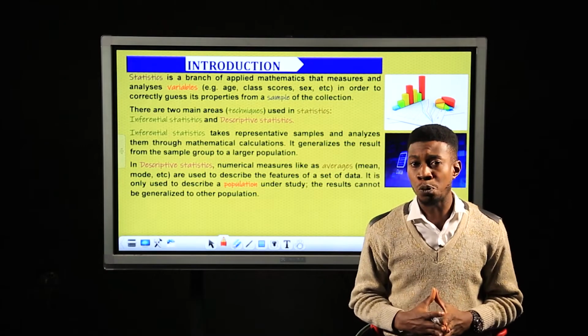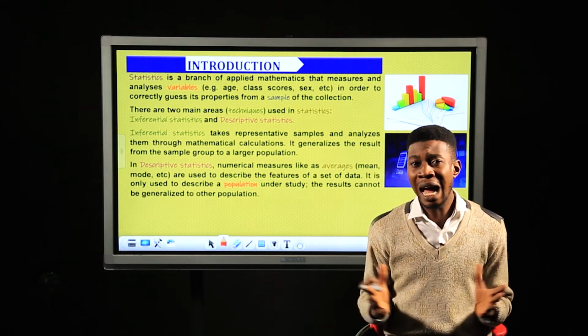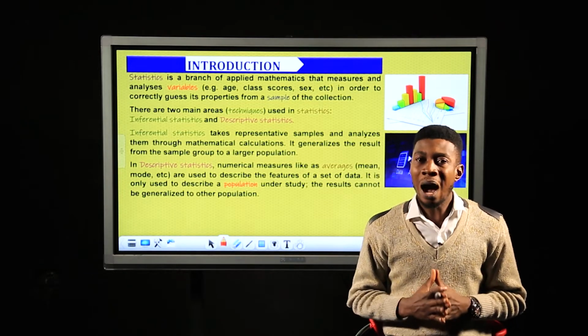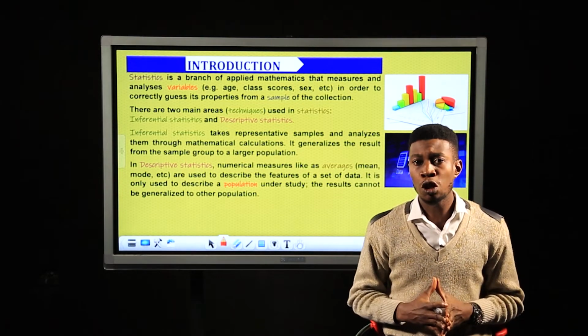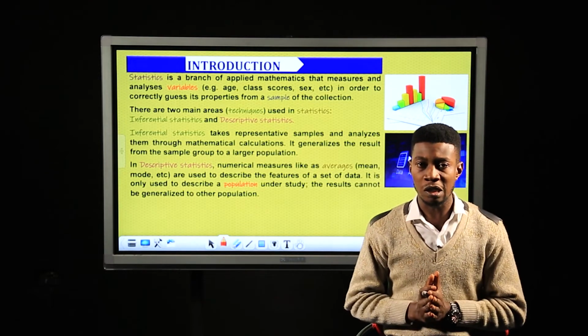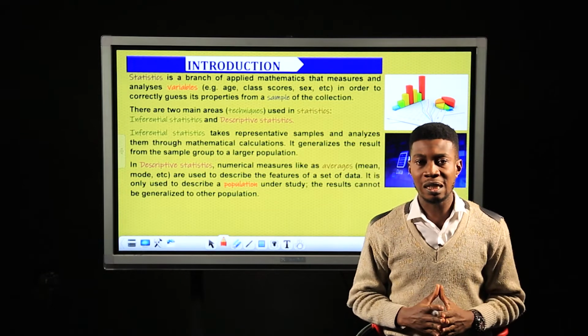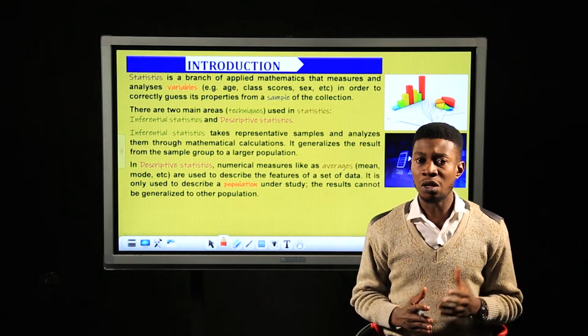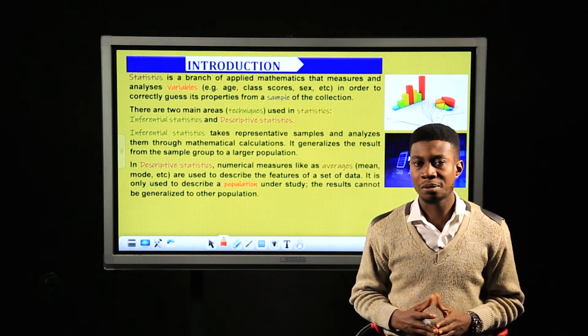The inferential approach can be applied to a large population, while the descriptive approach must be applied to only the sample of study. Let's go on in this lesson to learn about the reasons for collecting data.